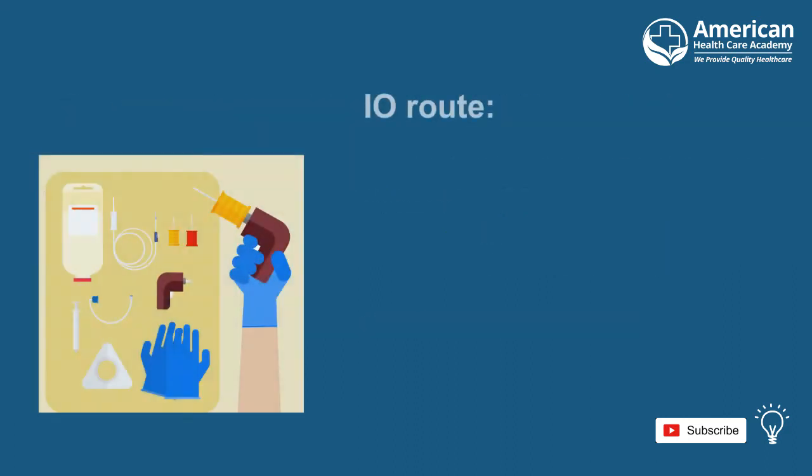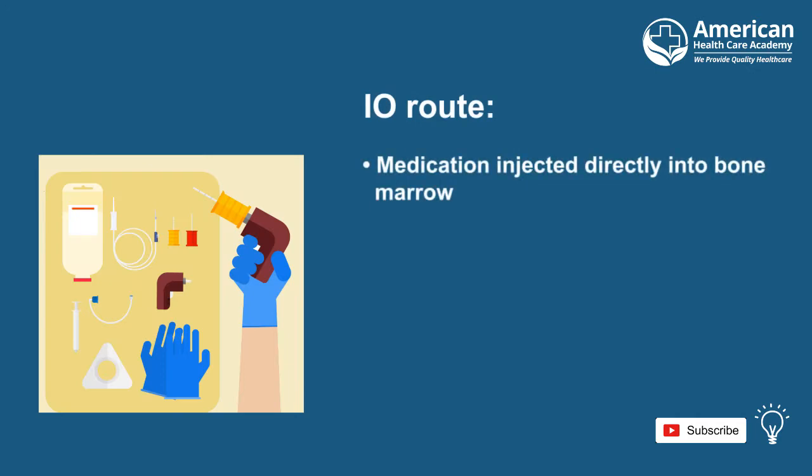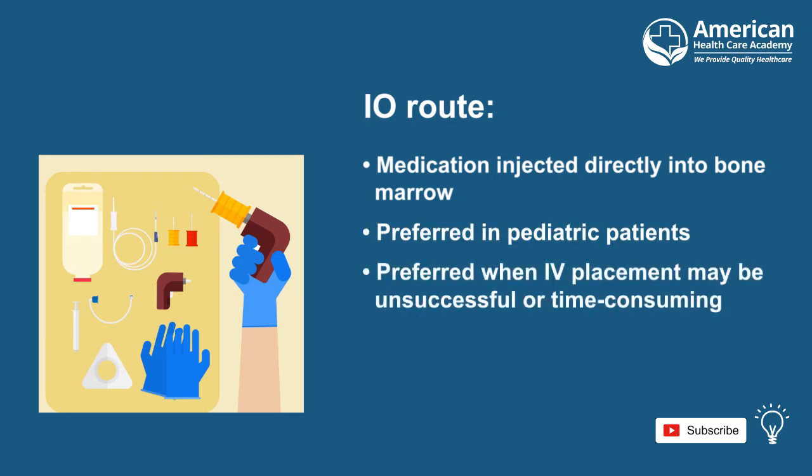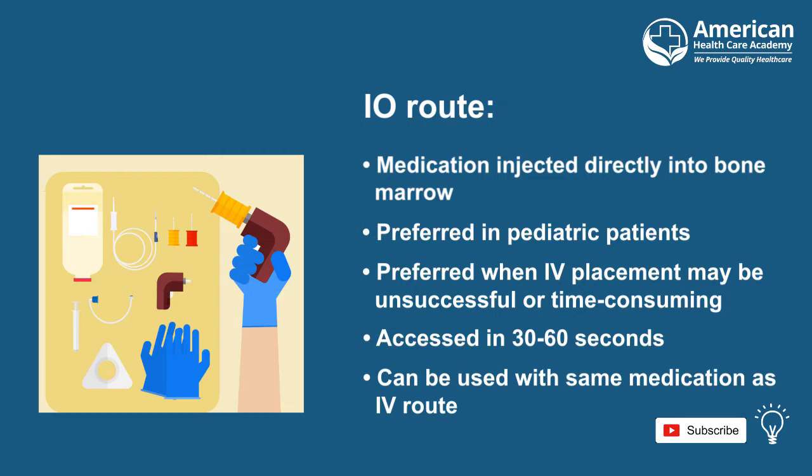With the IO route, medications are injected directly into the bone marrow. IO access can be used in patients of all ages, but it is preferred in pediatric patients or when IV placement may be unsuccessful or time-consuming, thereby delaying critical medication. The IO route can be accessed in 30 to 60 seconds and can be used with any medication that is used in the IV route.